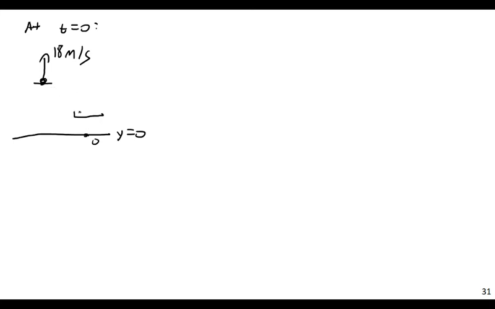So basically, I have this big elevator shaft, and I initially have a ball. So here's the ground, y equals 0, and this is the origin here. And at t equals 0, here's the situation. I have the ball being thrown upward at 18 meters per second, and I have the elevator platform moving upwards at 2 meters per second.